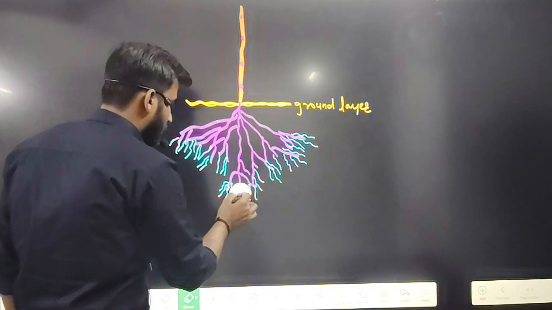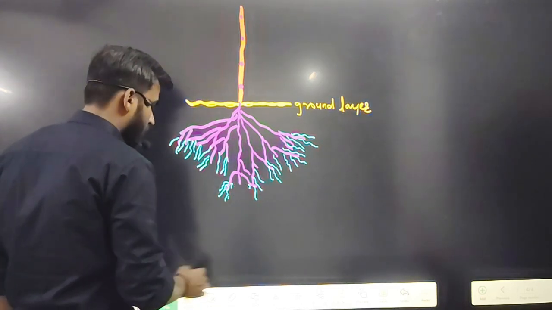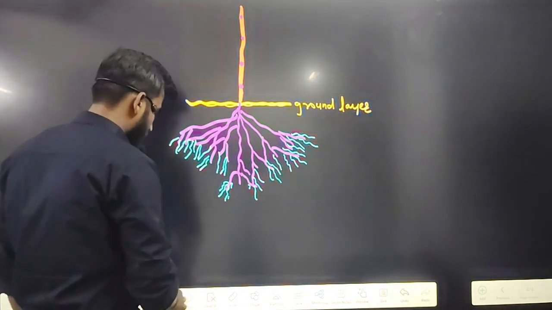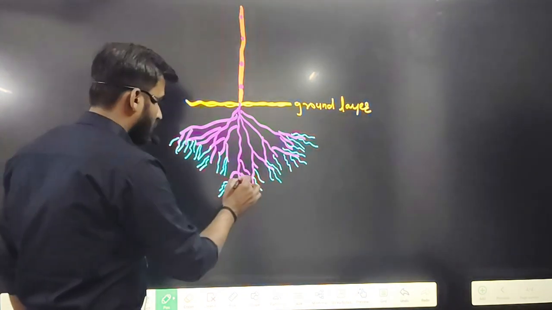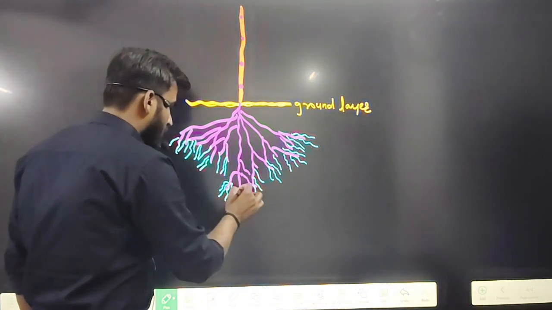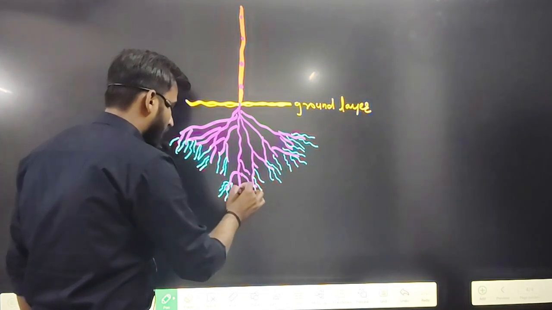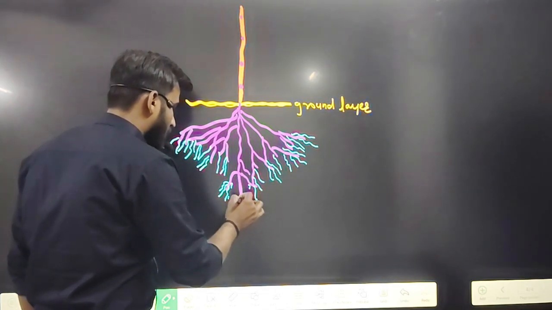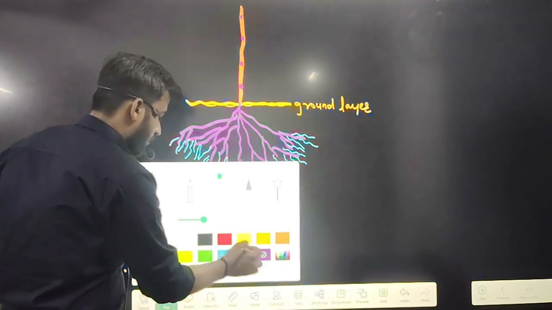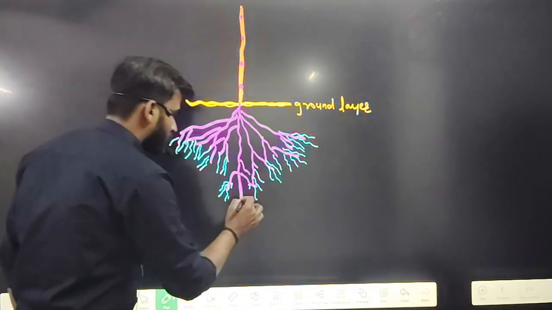And the most important region in the primary roots is called the root cap.